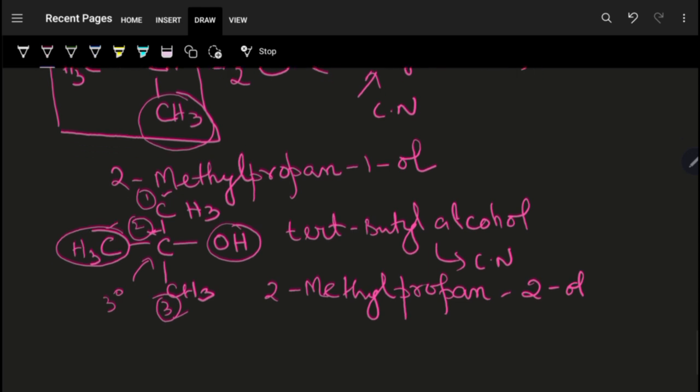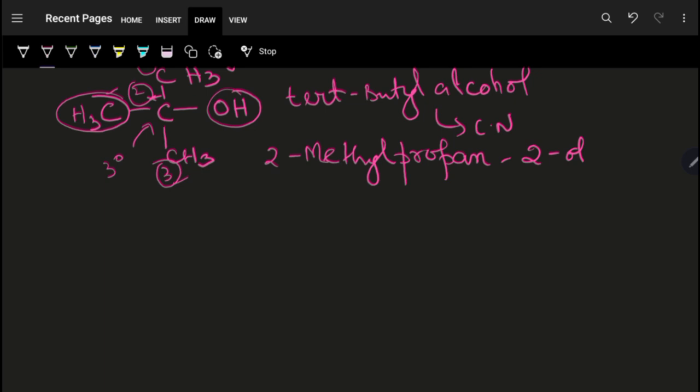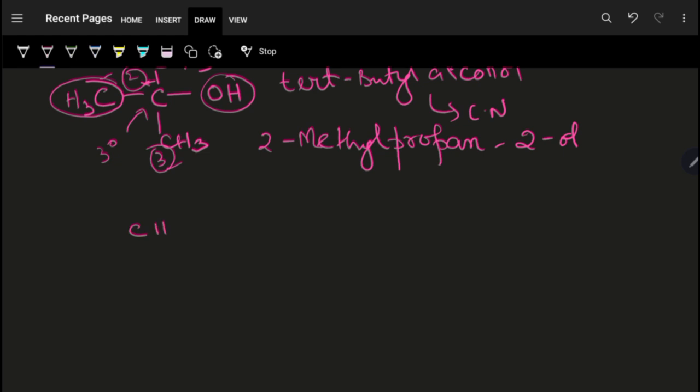Next, if I have more than one OH, that means polyhydric, what will it be? This structure and this compound both are very famous. You have seen this in your solution chapter. This is ethylene glycol.